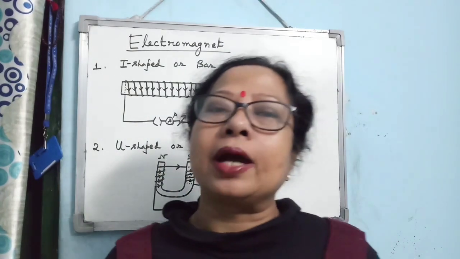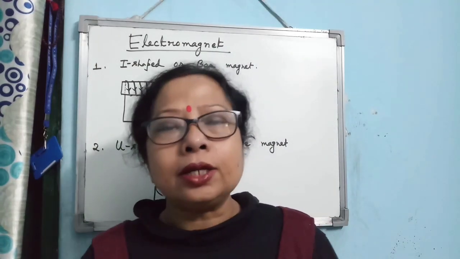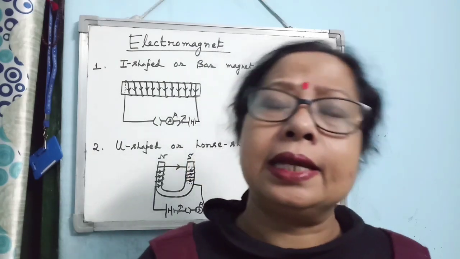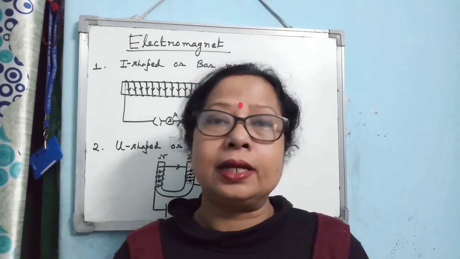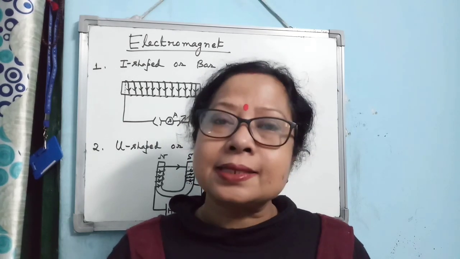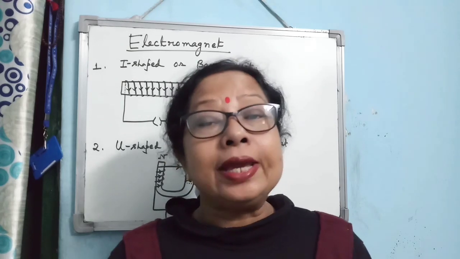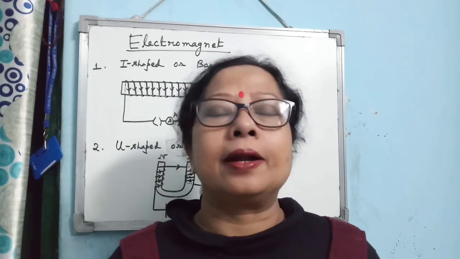Now I am coming to the next topic, that is electromagnet. What is an electromagnet? An electromagnet is a temporary strong magnet made by sending current through a coil which is wound over a soft iron bar.